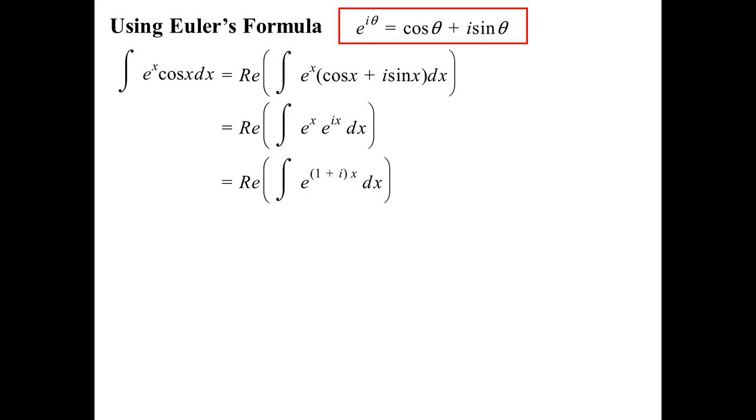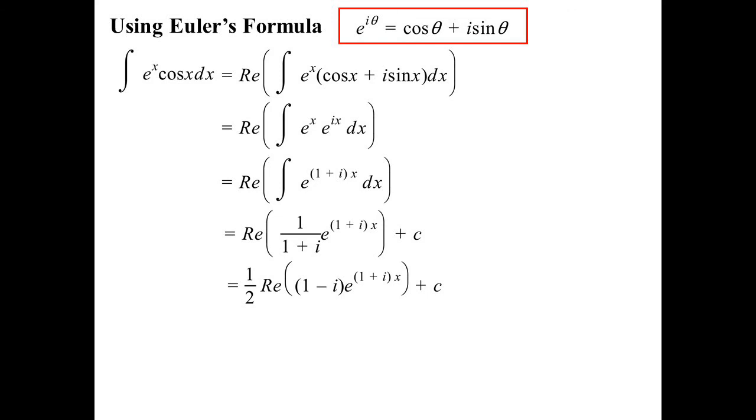Now 1 plus i is still a number, so we integrate it as normal, where we divide by 1 plus i in this case. And so our answer for this integral will be the real part of 1 on (1 plus i) times e to the (1 plus i)x. Well, realise the denominator, and I get (1 minus i) e to the power of (1 plus i)x, which is the real part.